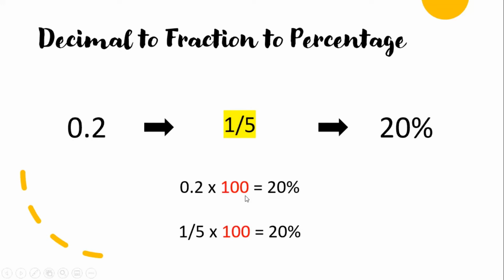But I need to point out to you that for a fraction you need to change to improper fraction. If it is a mixed fraction, you need to change it to an improper fraction to find the percentage, because you cannot find a percentage from a mixed fraction.